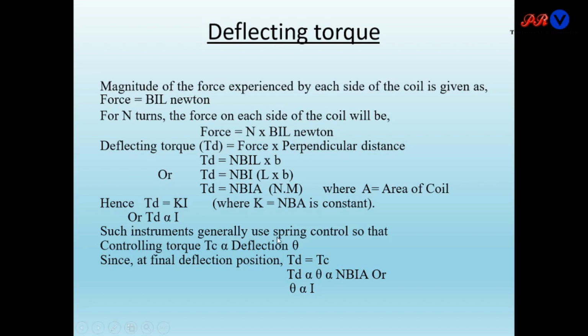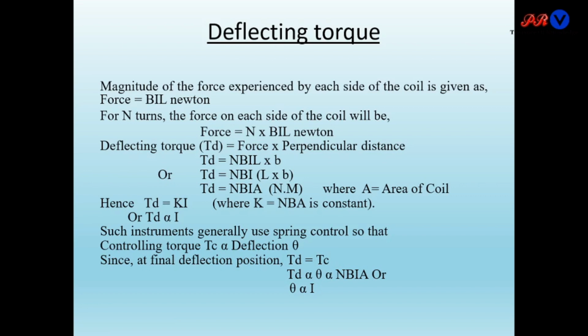Such instruments generally use spring control, so that controlling torque is proportional to deflection theta. We will use spring control as the control torque. So this control torque is always directly proportional to deflection, or theta. At the final deflection position, where our pointer rests on the scale, these two torques are balanced, means when deflecting torque and controlling torque are equal, only then our pointer rests on the scale.